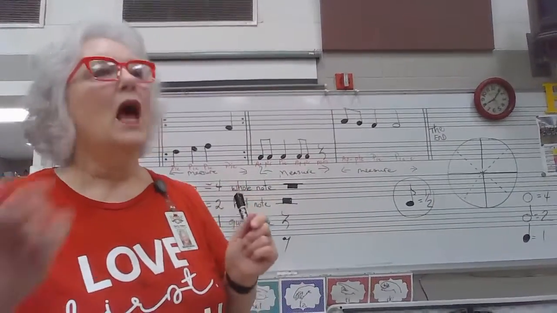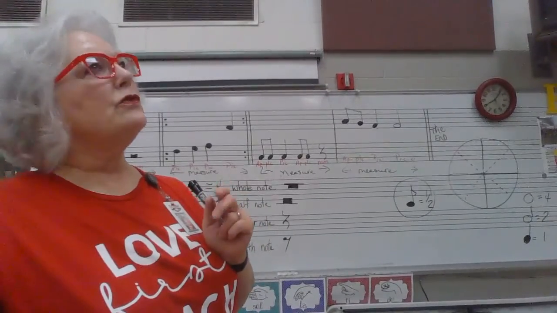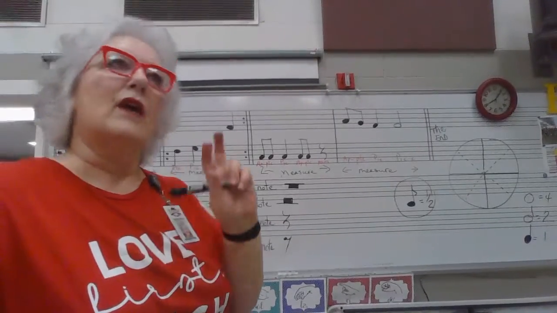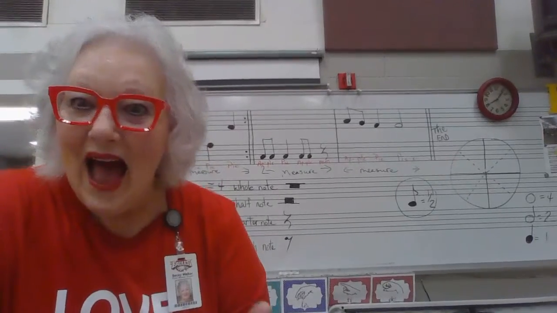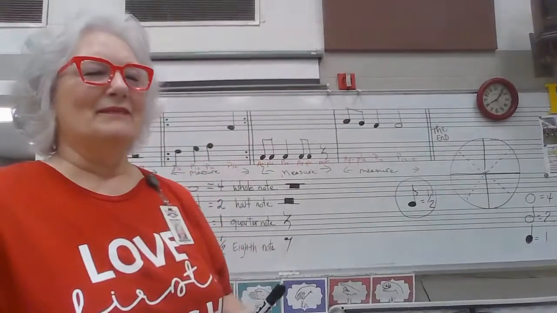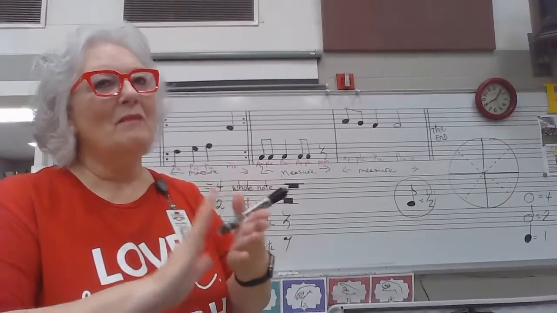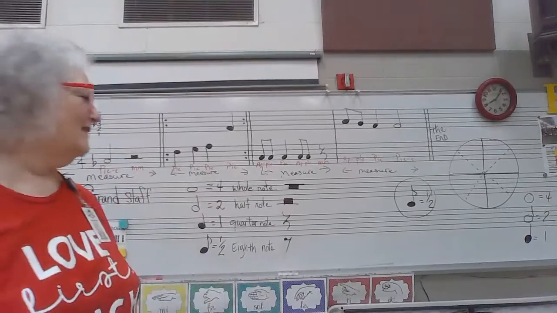All right, so how many syllables? Because it's got to equal 1 count, so they've got to be quick. So I think it might be what? Apple! Exactly. Apple pie. Apple pie. Now then, here we go.